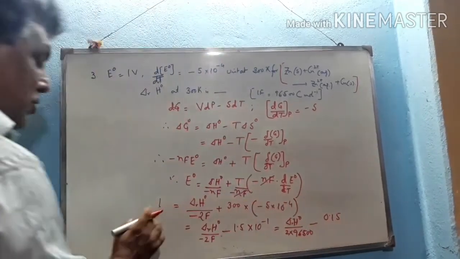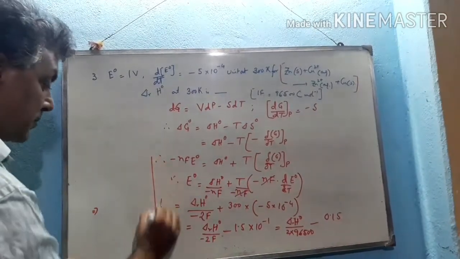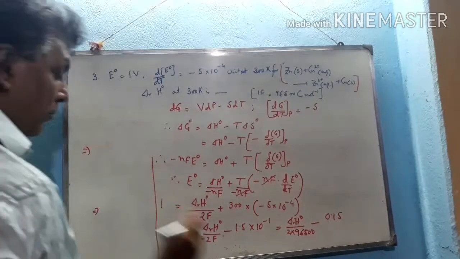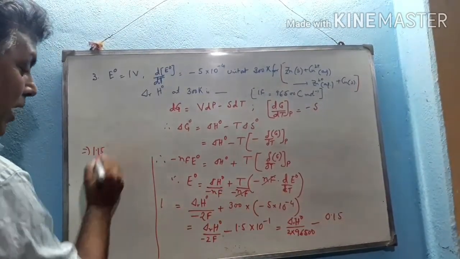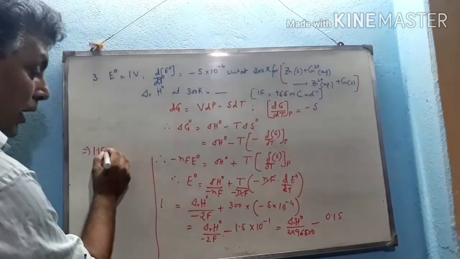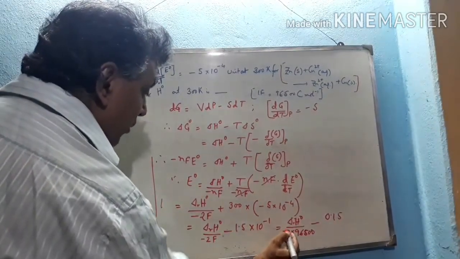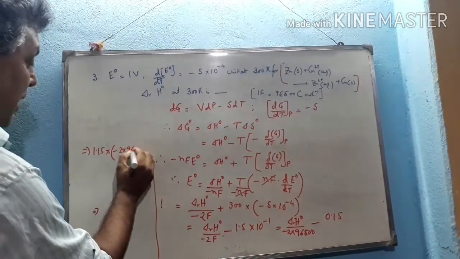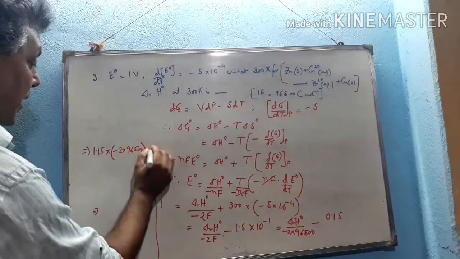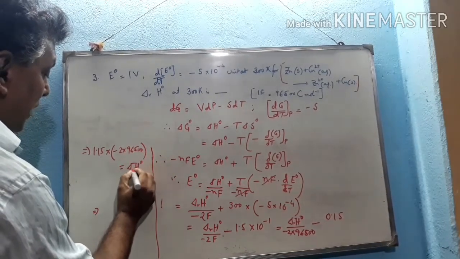If it transfers to this side, then it will become 1 plus 0.15, that means 1.15, into 2 into 96500 with negative sign, and this is equal to ΔH0 of the reaction.